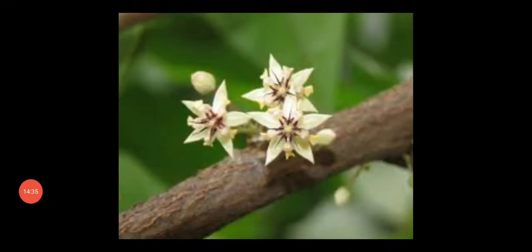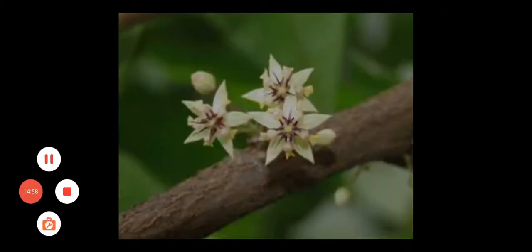Dear students, see the picture. This is the Theobroma cacao. See, that is the bark of a woody trunk. From that woody trunk region, they are producing the inflorescence. That means a group of flowers is produced. That type of inflorescence is known as cauliflorous inflorescence.